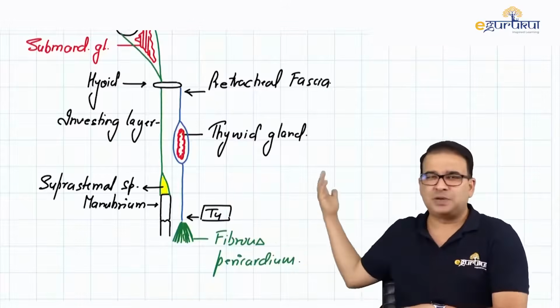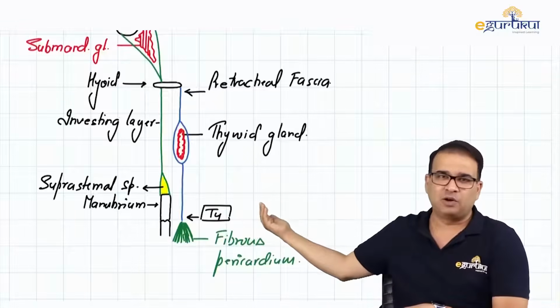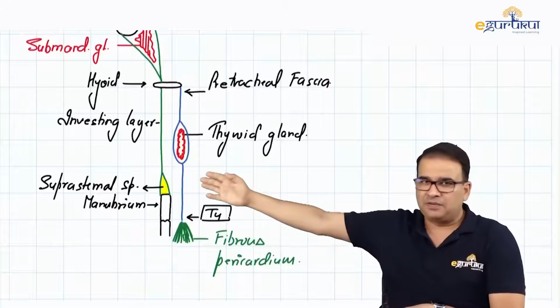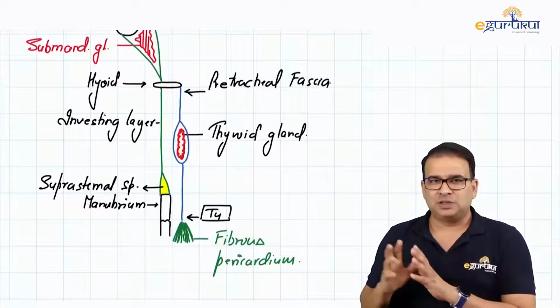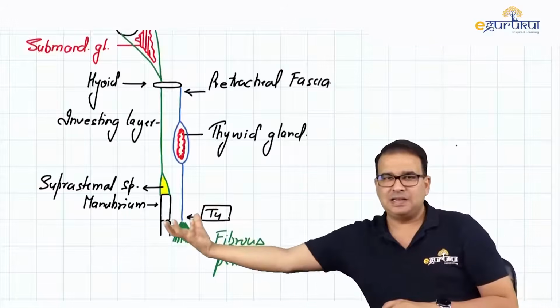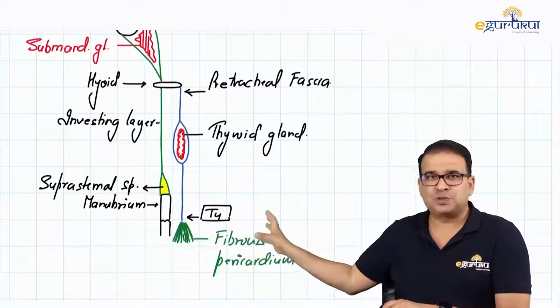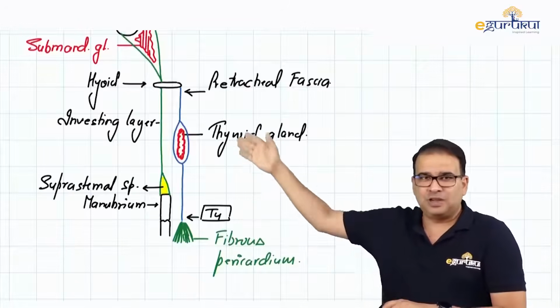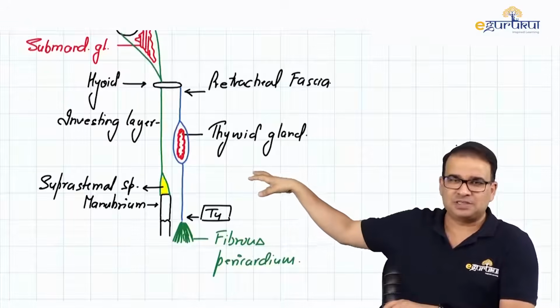I mean, we still have many things present behind. We have the trachea behind this, then we have the pharynx behind it, then we have the vertebral column, there is a prevertebral fascia. If I try to draw everything in one diagram only, this will just get confusing. So that's why I've divided this diagram in two parts. Right now, you're looking at this anterior part. Whatever is just posterior to it, we're going to draw separately. There we have the pharynx behind, the vertebral column behind, and then some fascias covering them.